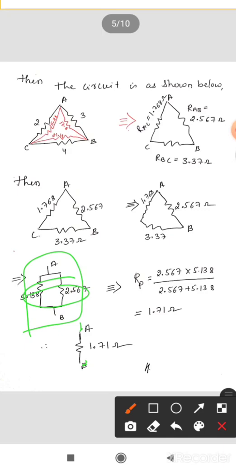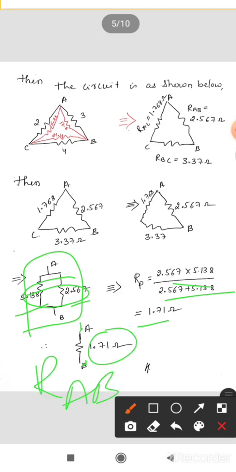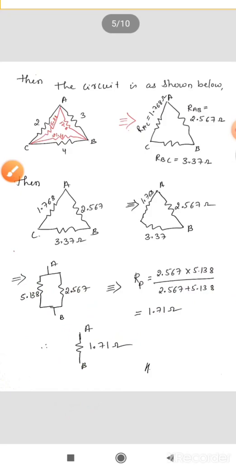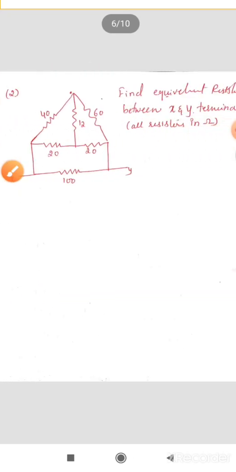Take that combination by taking R1 into R2 divided by R1 plus R2, that is 2.567 into 5.138 divided by 2.567 plus 5.138, which gives 1.7. That is your equivalent resistance between the terminals A and B. Hope it is clear, right? We'll see the next one.